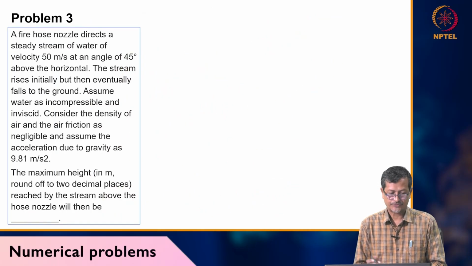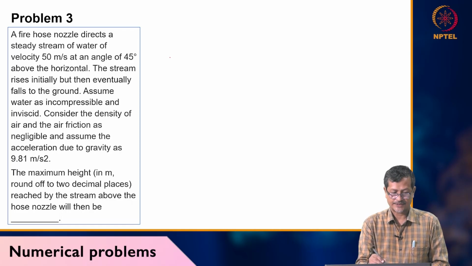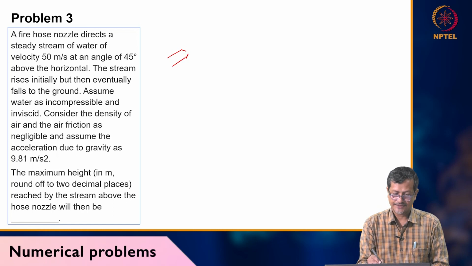Now see problem 3. Next problem: a fire hose nozzle directs a steady stream of water with velocity 50 meter per second at an angle of 45 degree above the horizontal. The fire hose nozzle is here and the velocity is here.